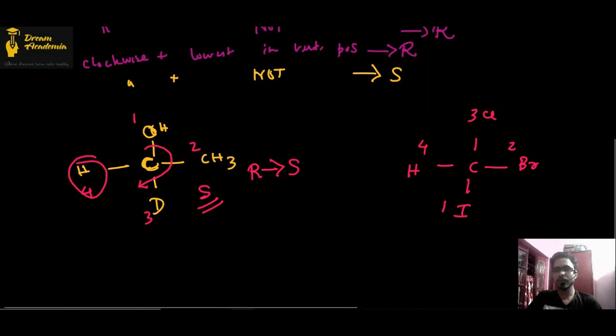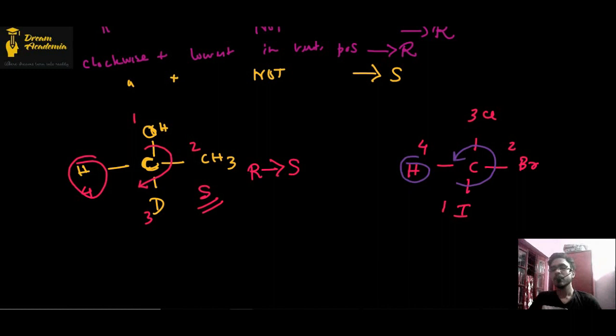So what will become the rotation? The rotation becomes this direction, I mean the anti-clockwise direction. This is not in the lowest position, so what configuration does this become? This becomes R. Actually anti-clockwise means S, but it will change to R.